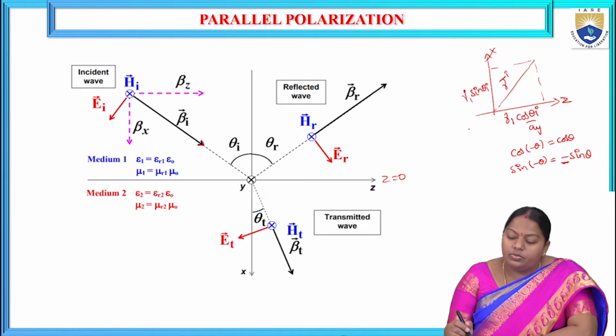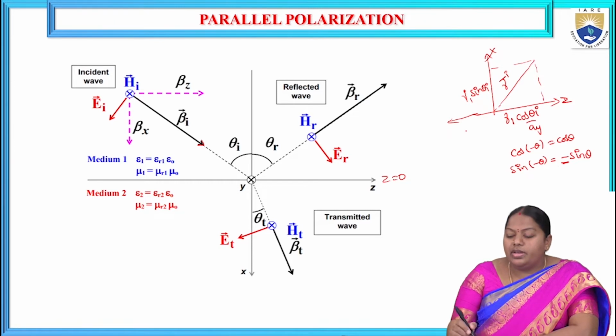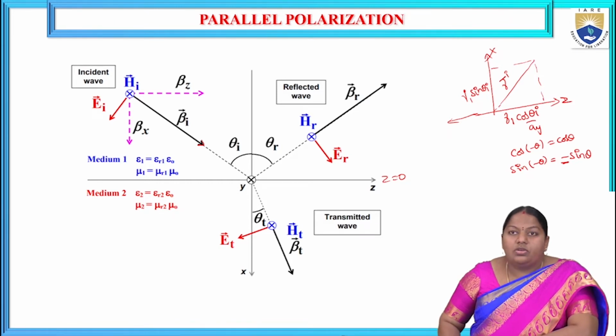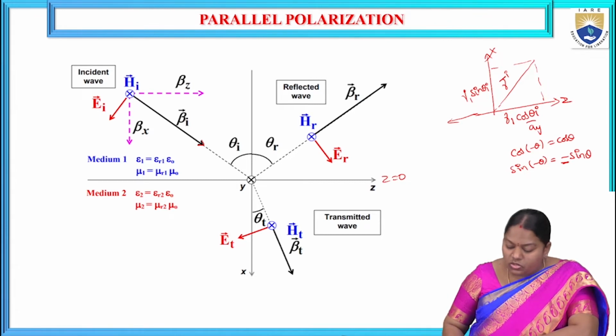That means the real term becomes negative, and the imaginary term lies along the positive axis only. Depending upon that, we are going to write the electric as well as magnetic field strengths of the incident wave, reflected wave, and transmitted wave.